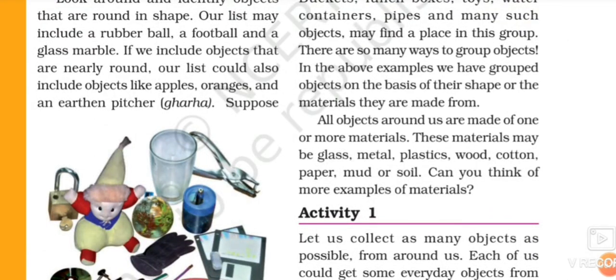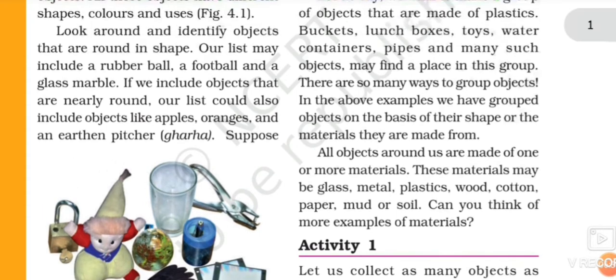A given material could also be used to make a large number of objects. Not only one object, but many objects can be made from the same material. It is also possible that an object could be made up of a single material or of many types of material. Suppose you take a plastic tumbler, then the plastic tumbler is made up of plastic.